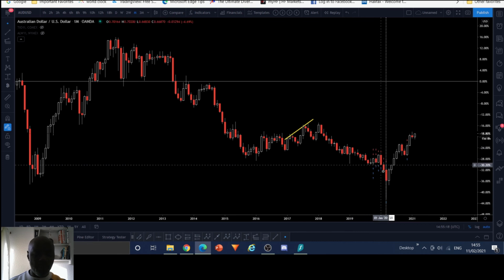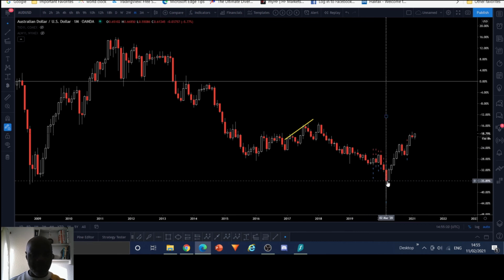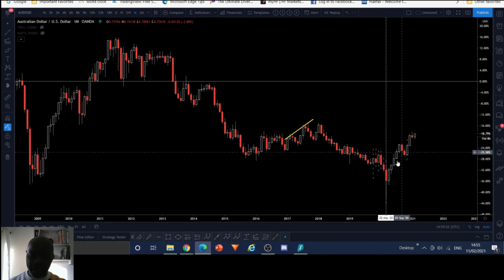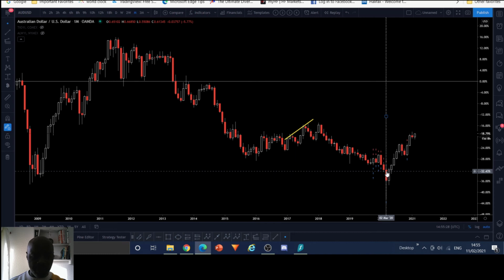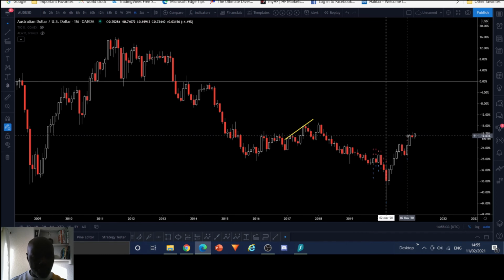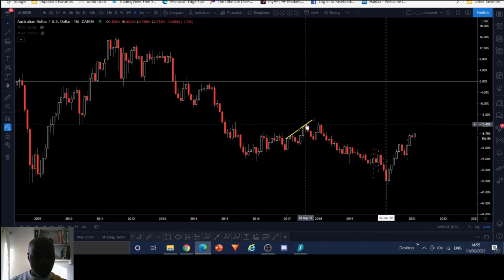But it was actually at that point where prices began to rebound. Now, if you think of where prices have rebounded to, look at where the Aussie dollar was trading in 2017.